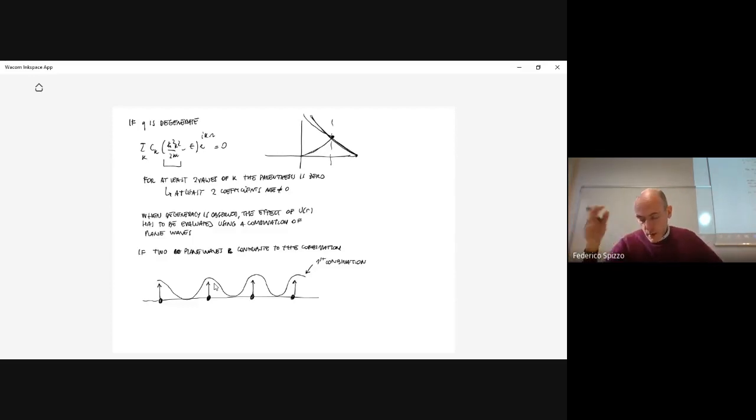So if one combination has the maximum amplitude over the ions, then this combination is able to strongly feel the effect of the ion potential.